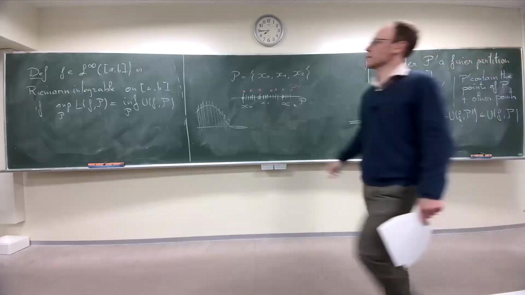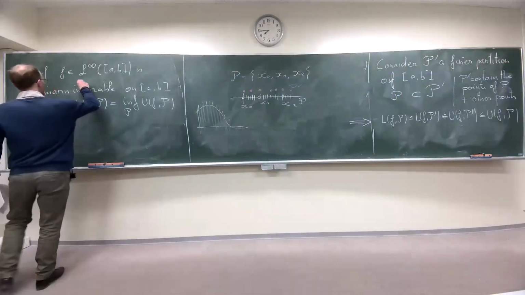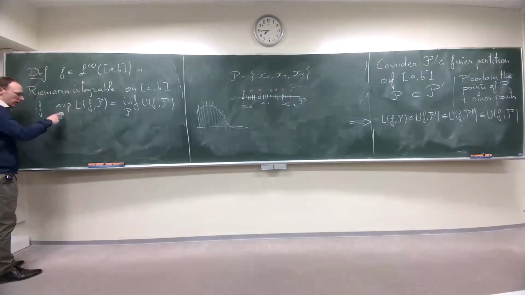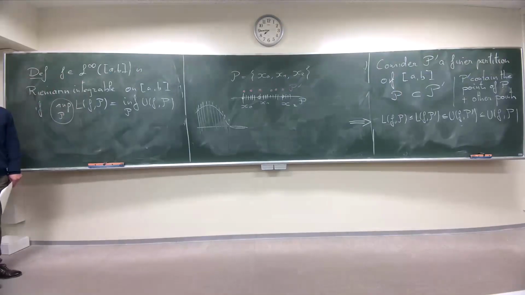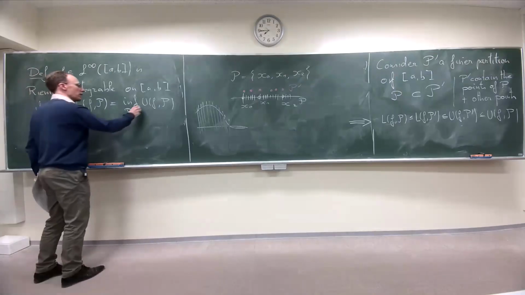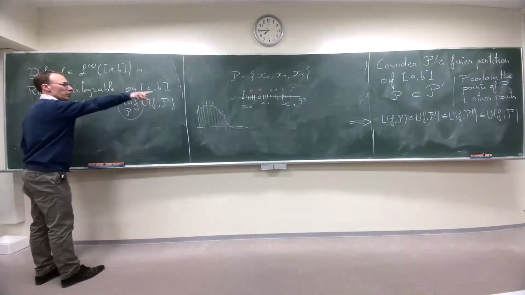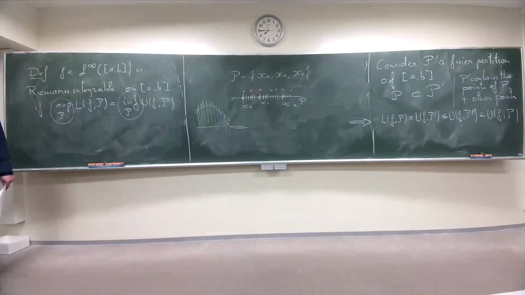So it's Riemann integrable if you take the supremum of the lower Riemann sum over all possible partitions, all subdivisions, and you get the same as when you take the infimum value of the upper Riemann sum over all subdivisions.